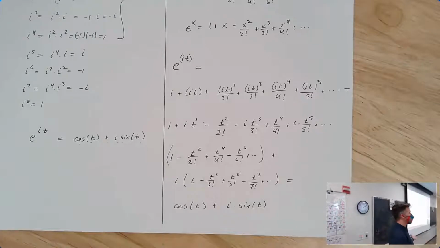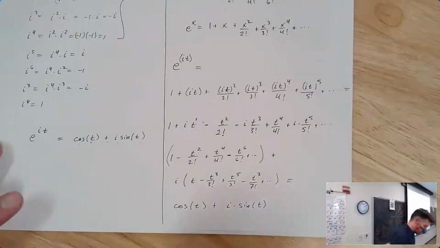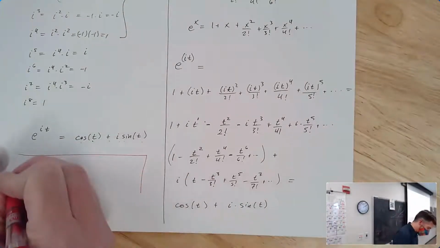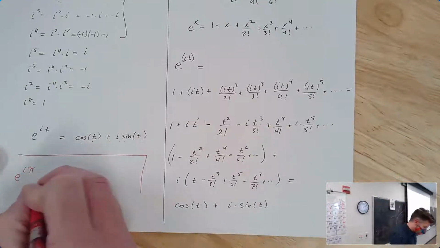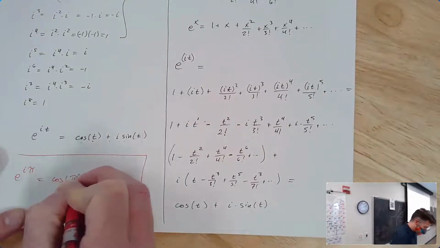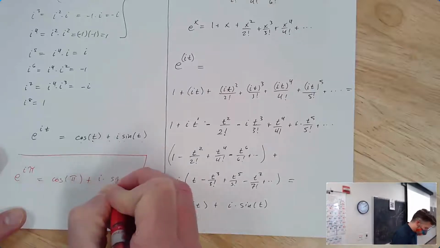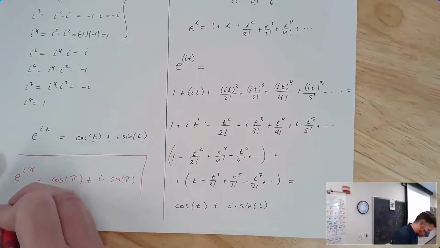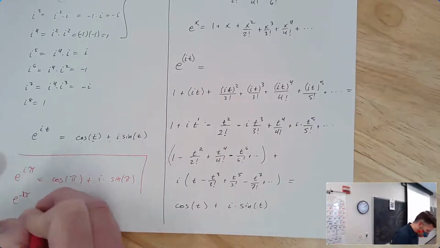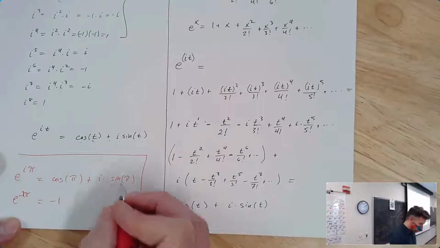There's also a famous formula that you might have heard of that I feel like I have to tell you, because someone should say it once. If you do e to the i pi, it's equal to cosine of pi plus i times sine of pi. The cosine of pi is -1, and sine of pi is 0.